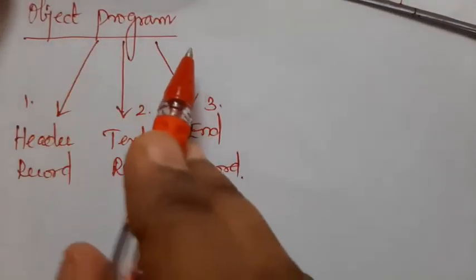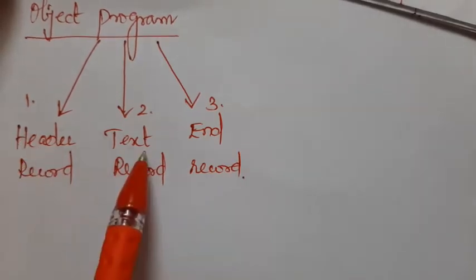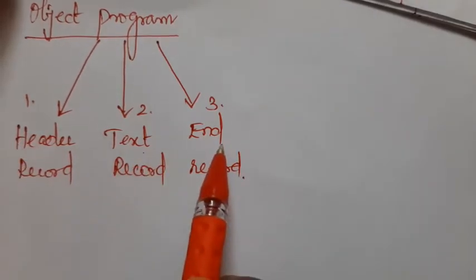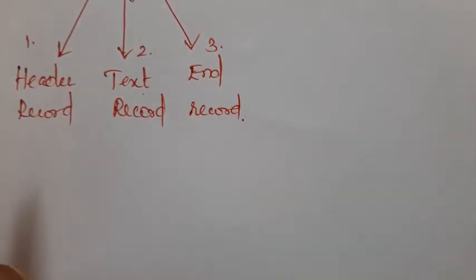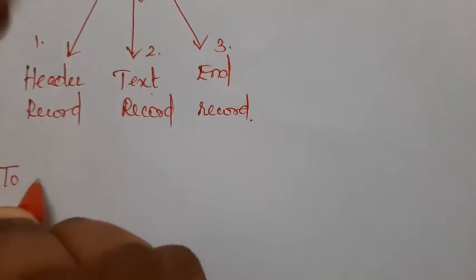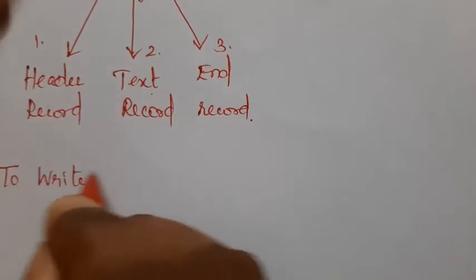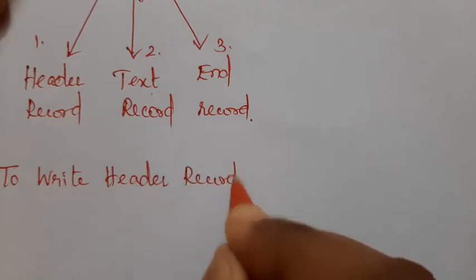So to write an object program, we need 3 records: the header record, the text record, and the end record. These records have their own templates.